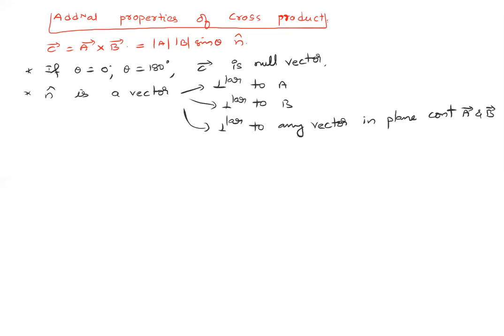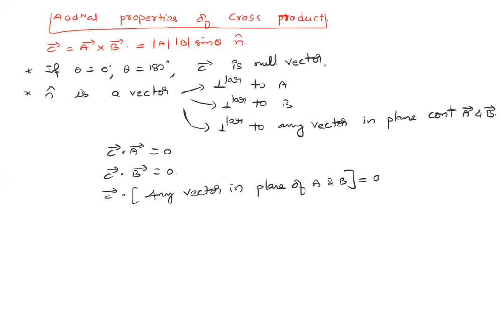So your c bar dot a bar is 0, c bar dot b bar is 0, and c bar dot any vector in the plane of a and b is equal to 0.